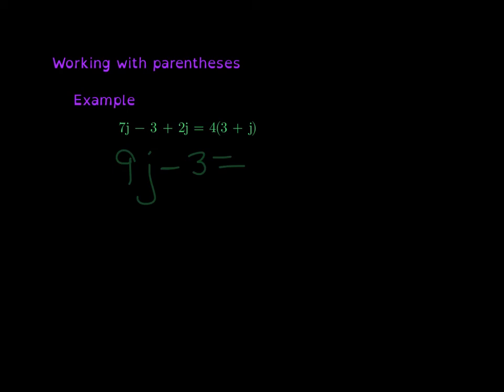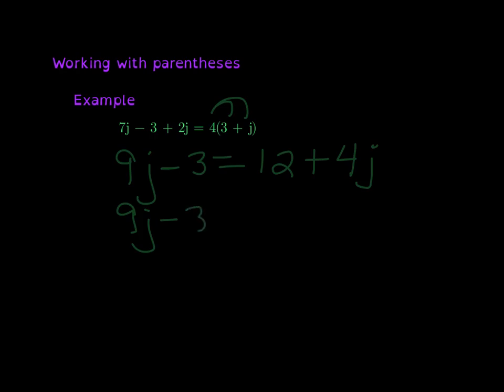The 4 gets multiplied, remember, by both things inside the bracket. So we're going to multiply it by the 3 and the j. So we get 12 plus 4j. And now it's a question just like any other that we've dealt with before. The goal of this question is going to be get j by itself. We'll get rid of the 4j first, perhaps here, 9j minus 3.